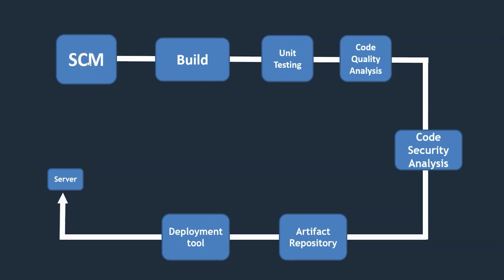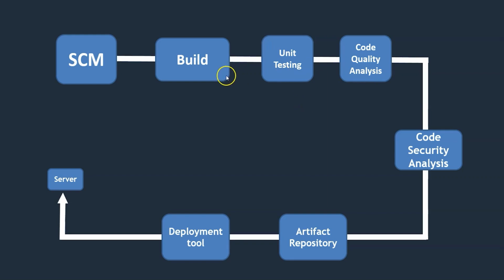Whenever our code is available in the DevOps workflow, the code can be pulled by a build tool, and it builds the code and also does unit testing, code quality analysis, and code security analysis. All this testing and analysis is done to make sure that our code follows code standards and that we are writing better code for this application.